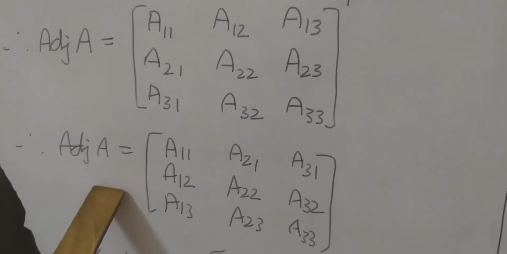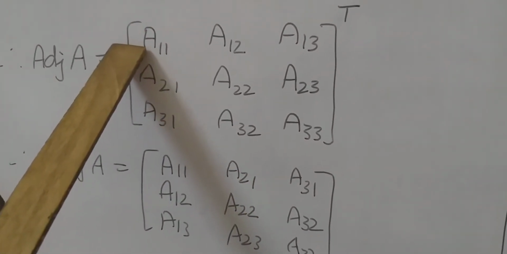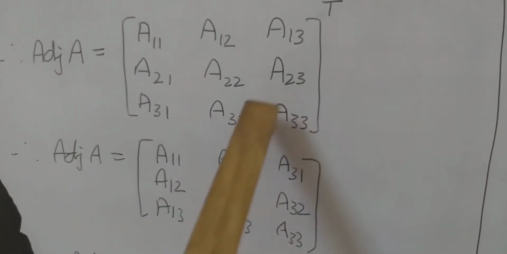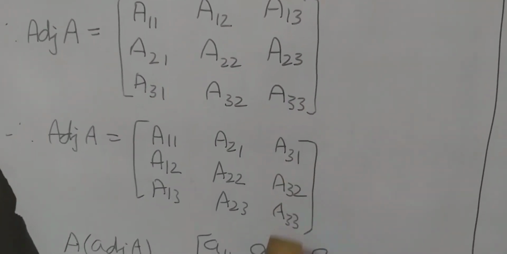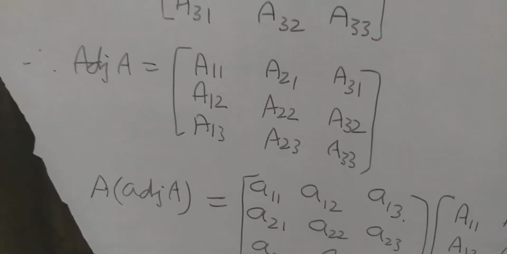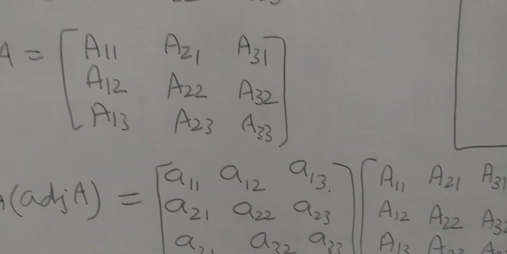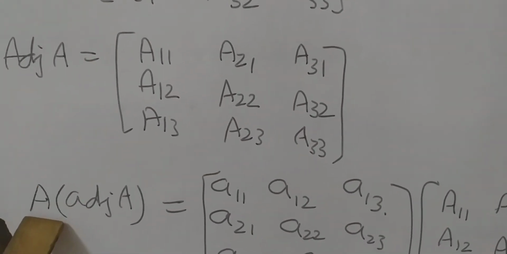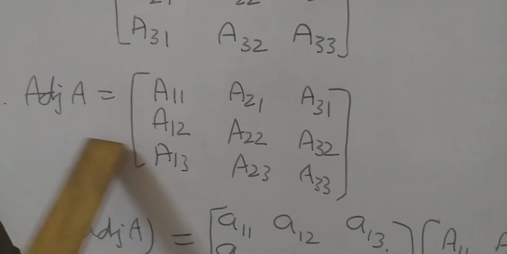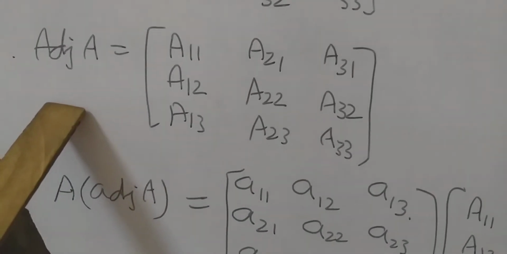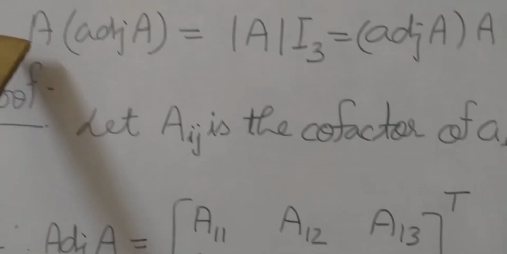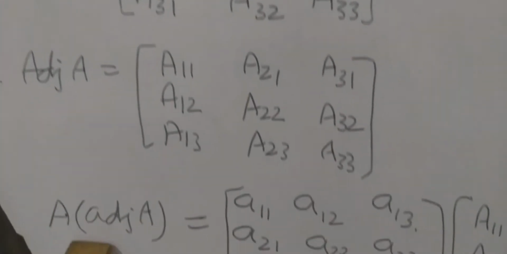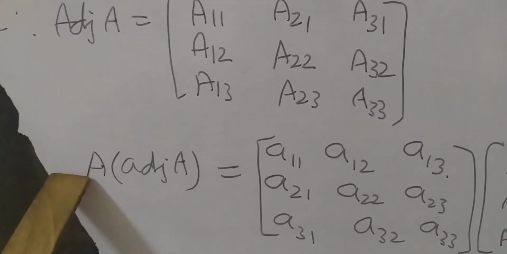Then we can get adjoint A. We have to write its transpose, students. Then row changes into column. This row also changes into column. This row also changes into column. Correct? Now students, I have taken this part: A into adjoint A. So A is a matrix of order 3 by 3.